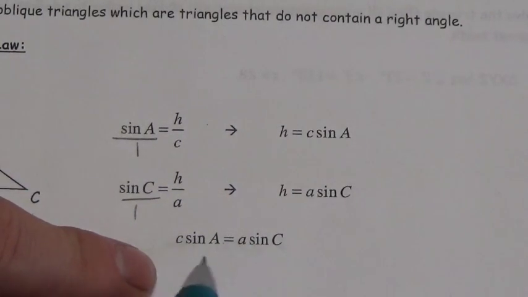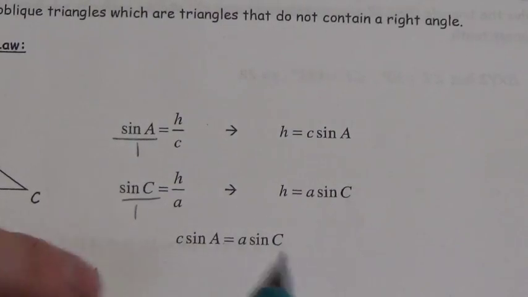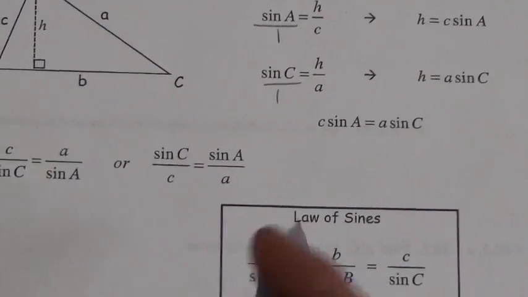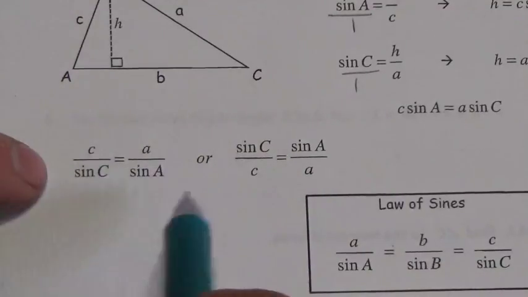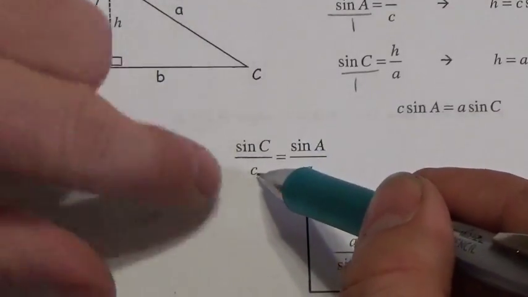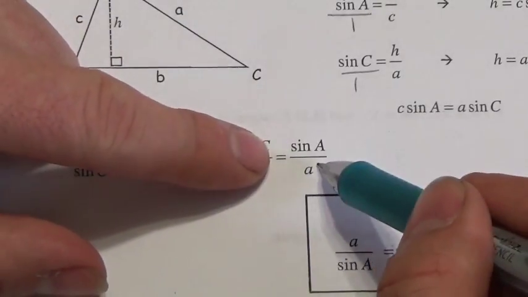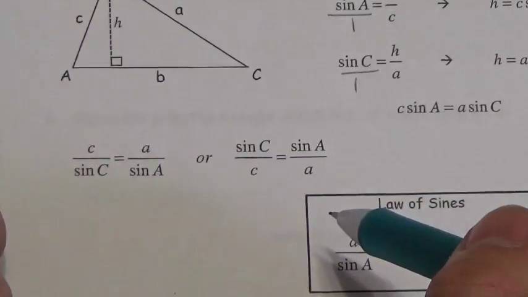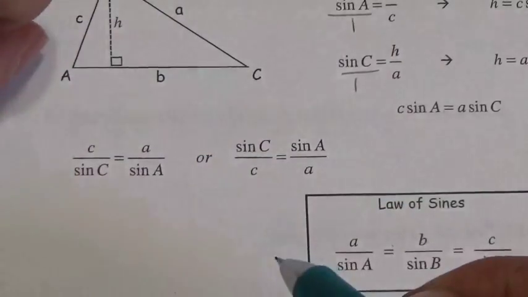Then by simply dividing both sides by C and both sides by A, I can create this relationship: the sine of C over C is equal to the sine of angle A over the length of side A. Or you can find the reciprocals.